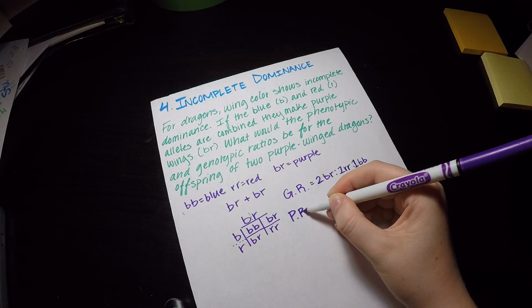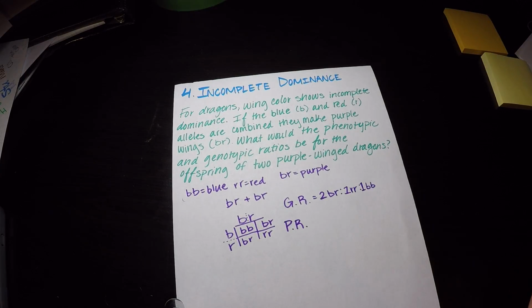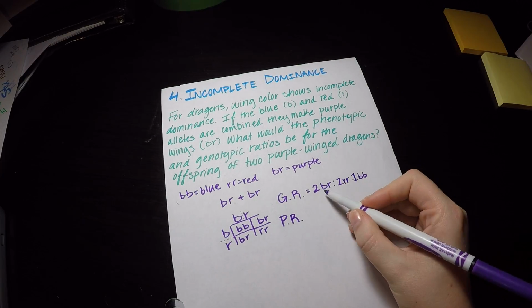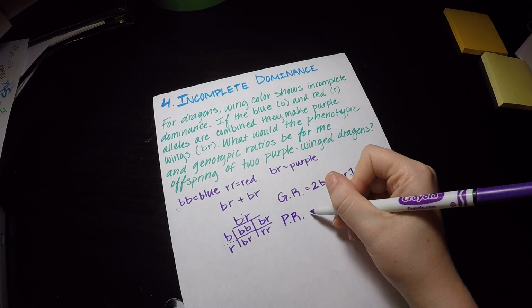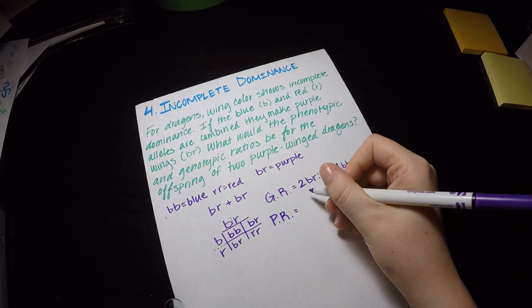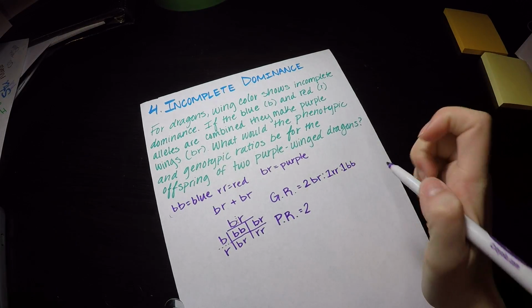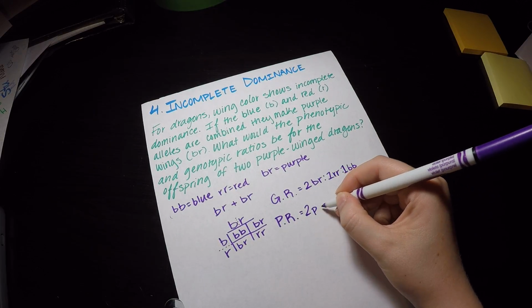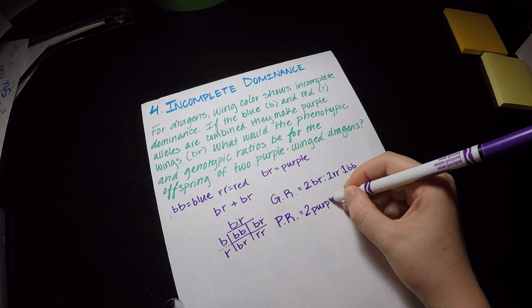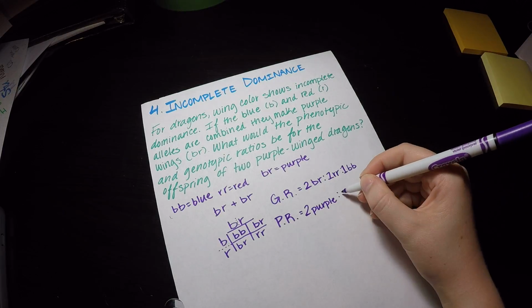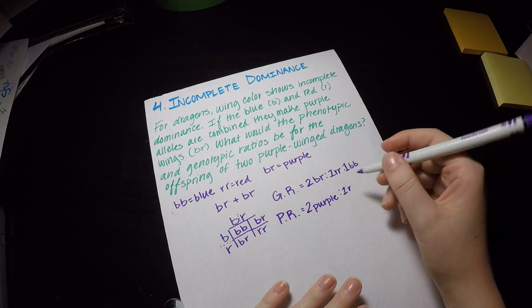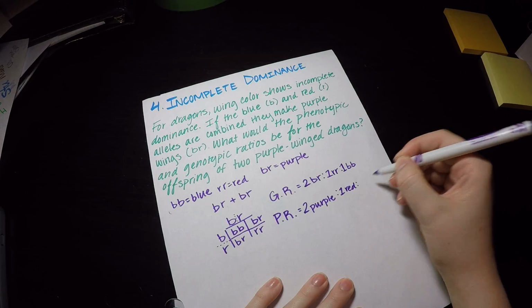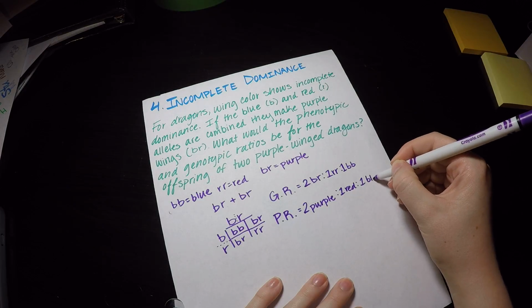Now the phenotypic ratio, as we were saying before, is the physical expression of those alleles, and in this case a BR means purple, so we can just pretty much copy down this, but in people words, not biologist words, 2 purple for every 1 red and every 1 blue.